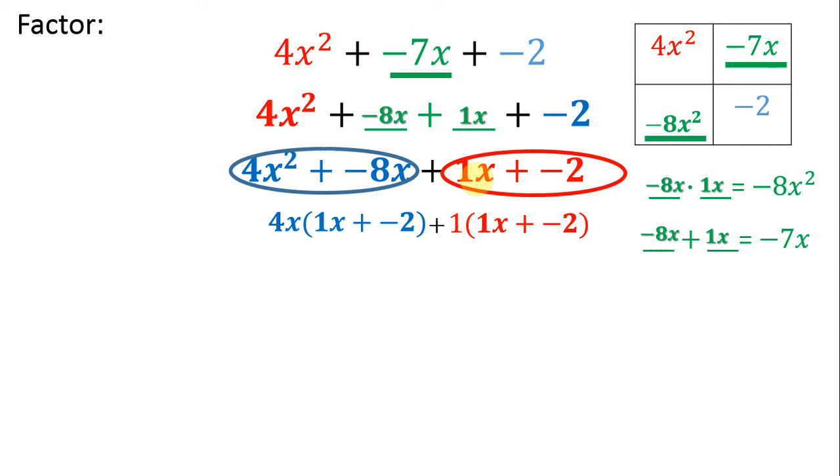What are my two binomials going to be? My first binomial will be 4x plus 1, and my second binomial will be 1x plus negative 2.